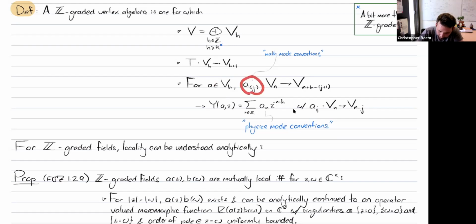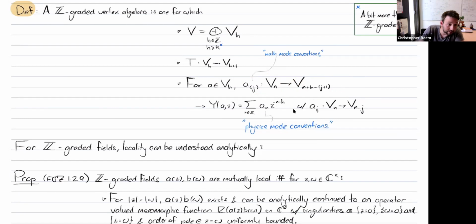So A sub j is going to act between the weight n part and the weight n plus h minus j minus 1 part. The fact that you have this funny shift is a relic of using the mode conventions that are standard in the math literature that I gave before.